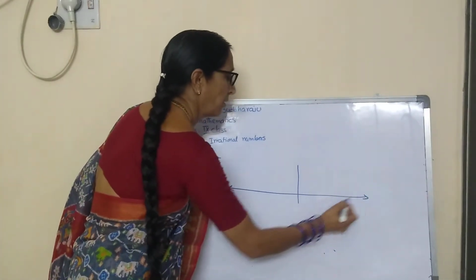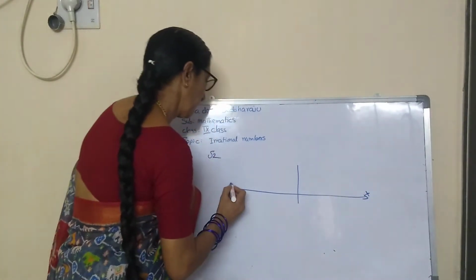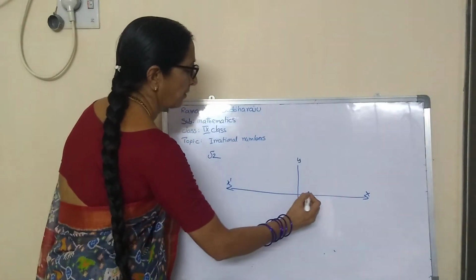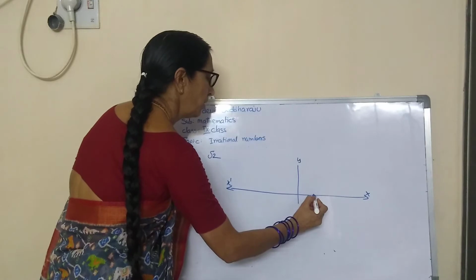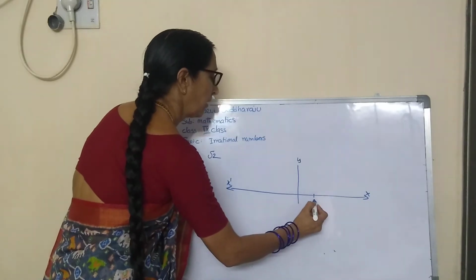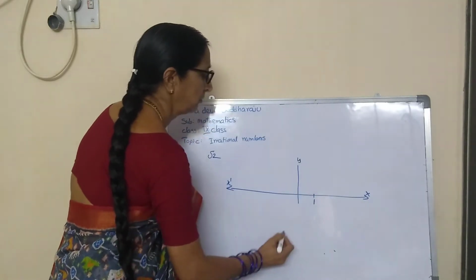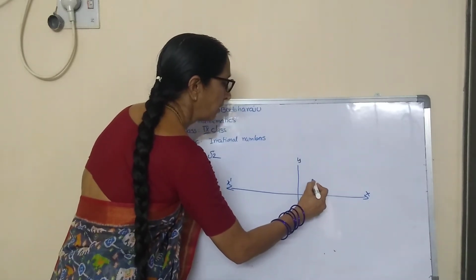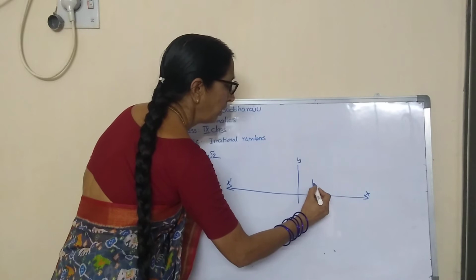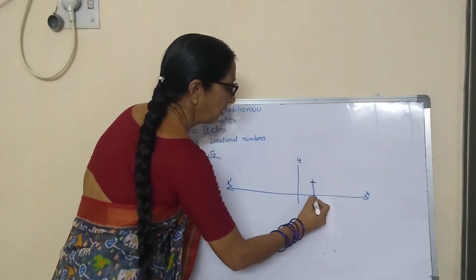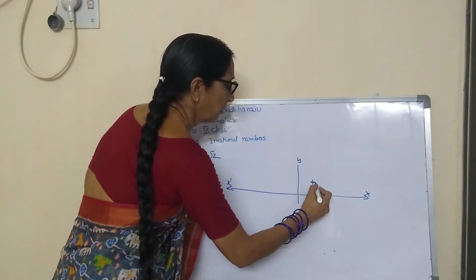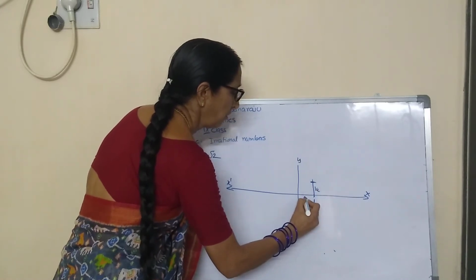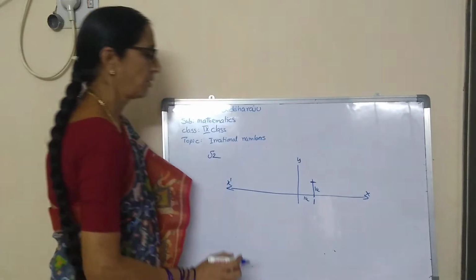this is x-axis, this is y-axis. Take 1 unit on x-axis, this is 1, and take 1 unit. So this is also 1 unit, this is also 1 unit.